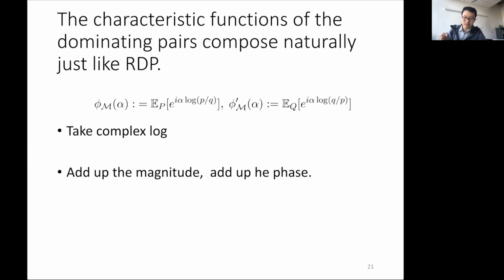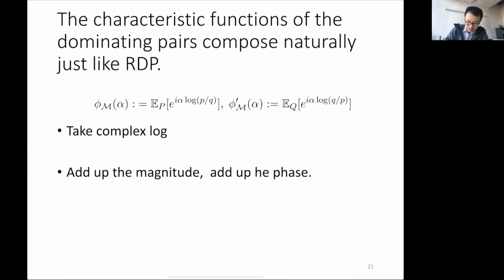And once we apply the complex log, then when we compose multiple mechanisms having these dominating pairs represented in their phi function representation, we argue that they compose naturally, just like the Renyi differential privacy. This is quite straightforward.